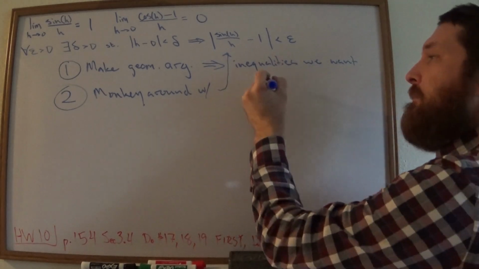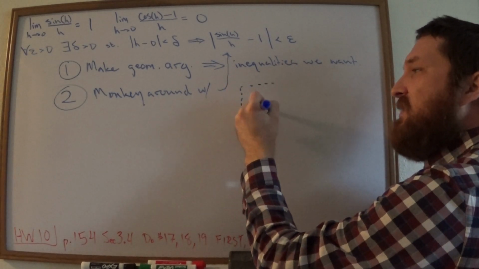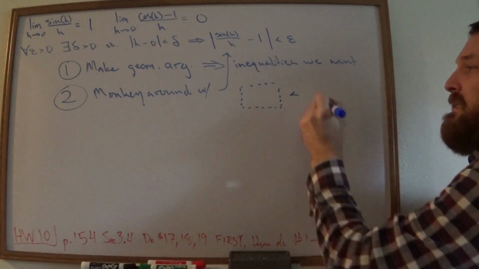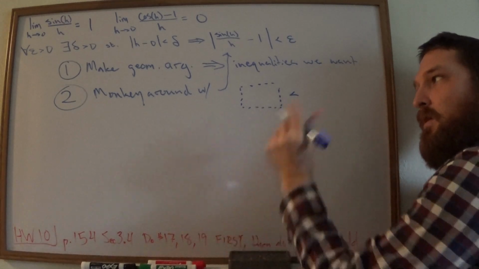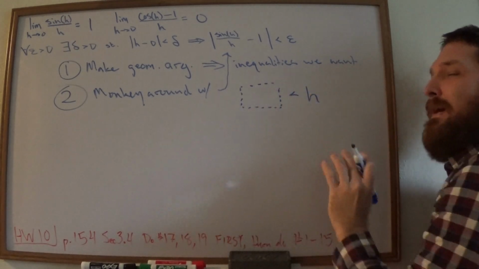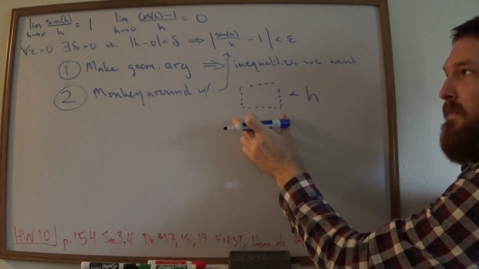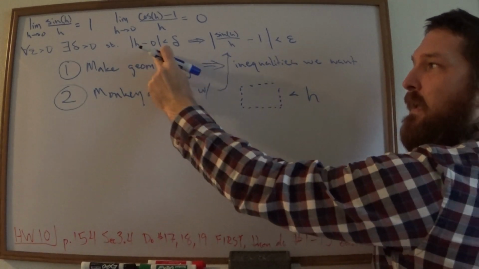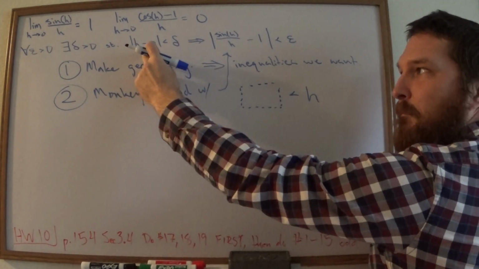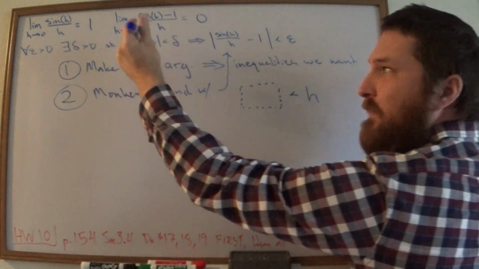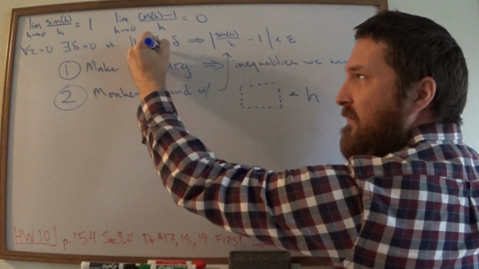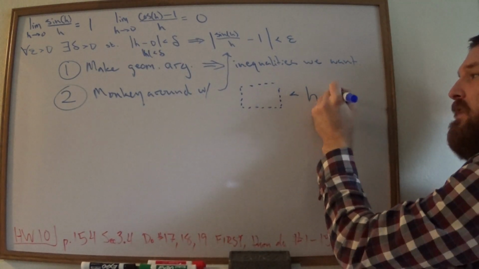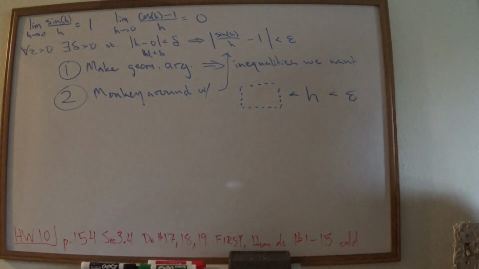Until we get something that's going to be less than, if we could get it, something less than h. The cool thing about this is we can make h as small as we want, because h minus 0 is just the absolute value of h. And if we can make h as small as we want, we can certainly make it less than epsilon.